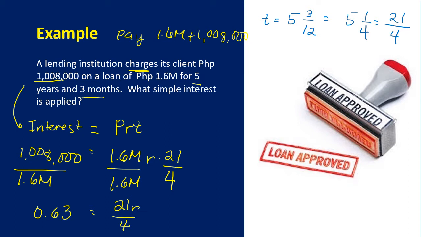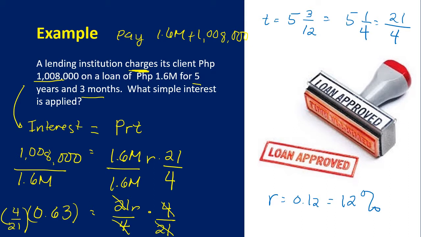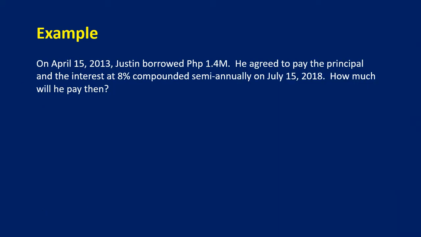Since we're solving for R and R is multiplied with 21 over 4, I will just multiply both sides by the reciprocal, so that's times 4 divided by 21. Therefore, your R is 0.12, in percent form that is 12%.